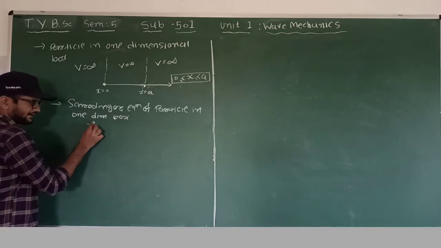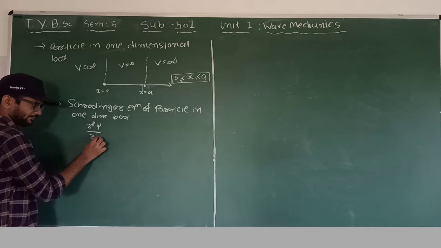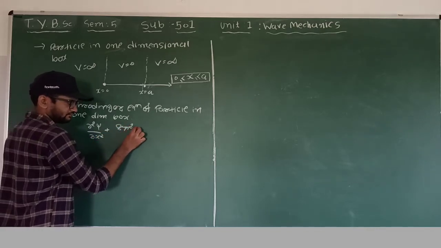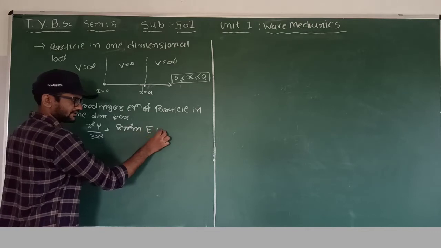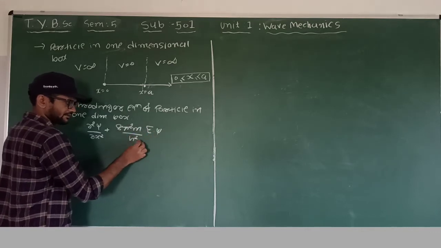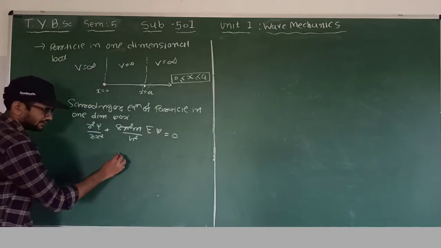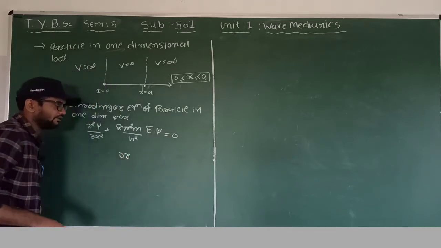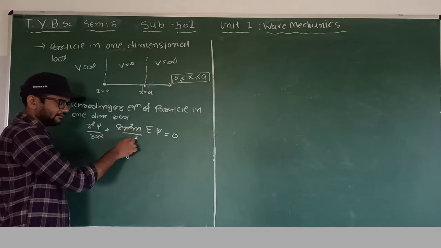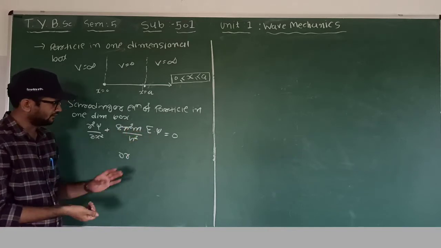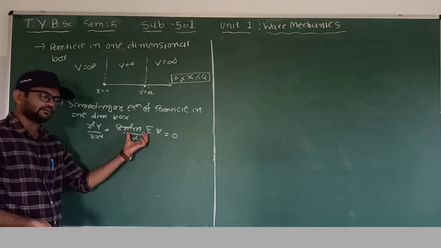It is del square psi upon del x square plus 8 pi square m E into psi upon h square is equal to 0. Another equation: we assume the value of 8 pi square m E upon h square is equal to k square.